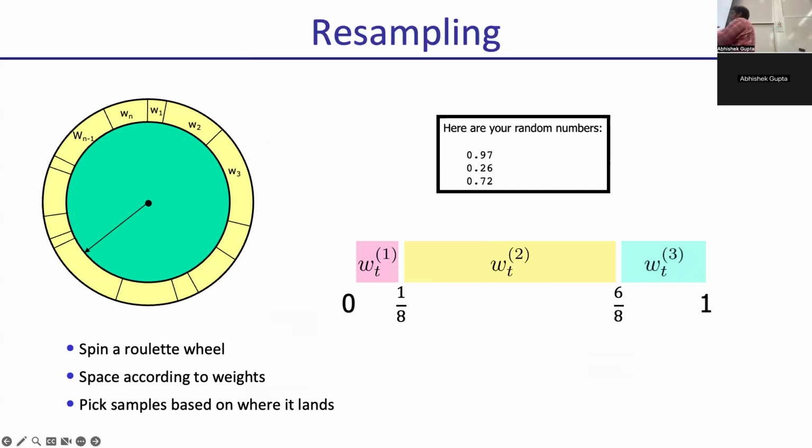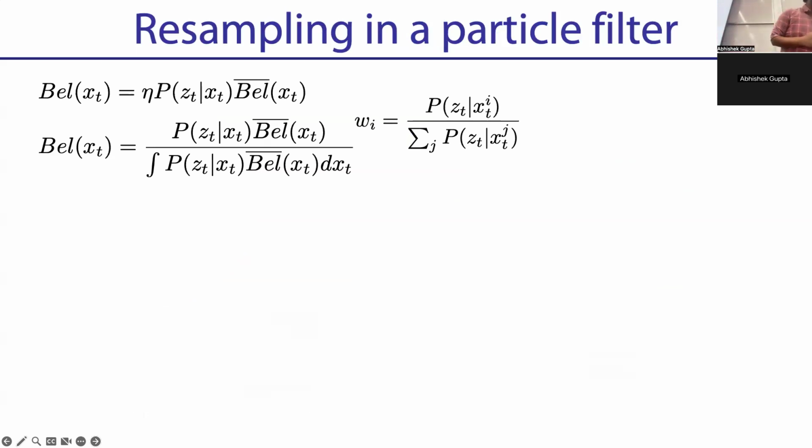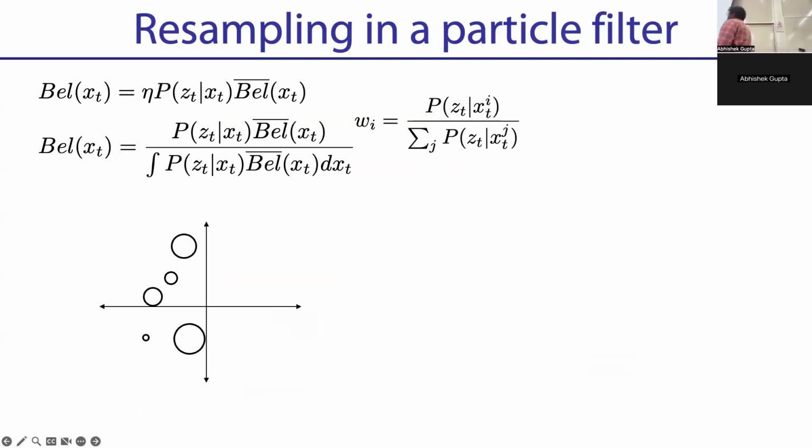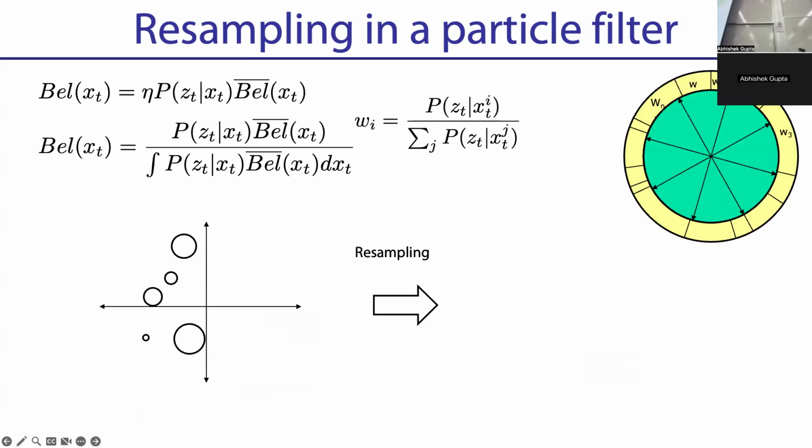And the nice thing is you can resample as many times as you want. If you want to put more samples in, you can, right? But we went from a weighted set of particles to an unweighted set of particles. Essentially, imagine this was our distribution after the weighting. When you do resampling, you draw things from this roulette wheel, and then you're going to have repeats of the particles.